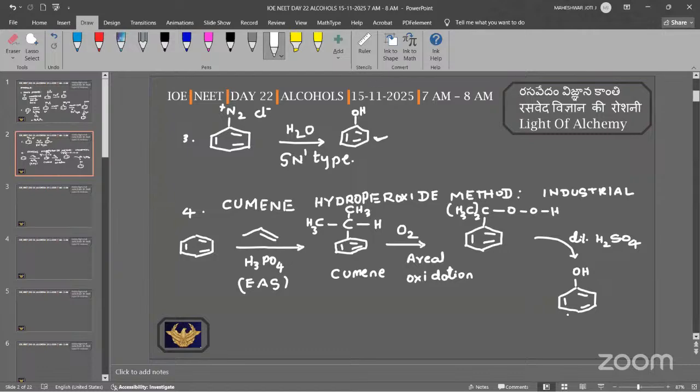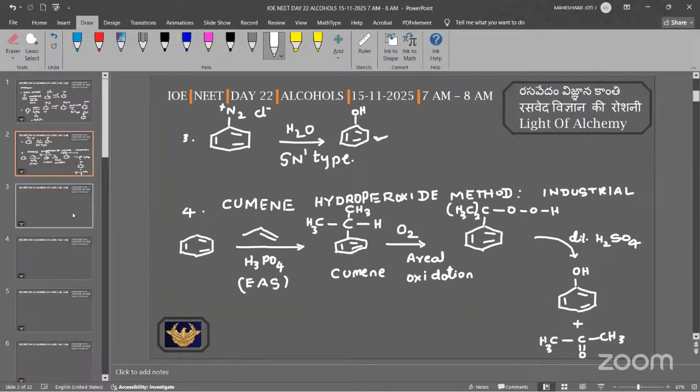Byproduct is acetone, CH3, C double bond O, CH3. So the isopropyl group will be oxidized to acetone, and benzene will be oxidized to phenol in presence of dilute H2SO4. So in the examination, a question may be given from cumene hydroperoxide as a starting material or reactant, or from isopropyl benzene or cumene, or from benzene.